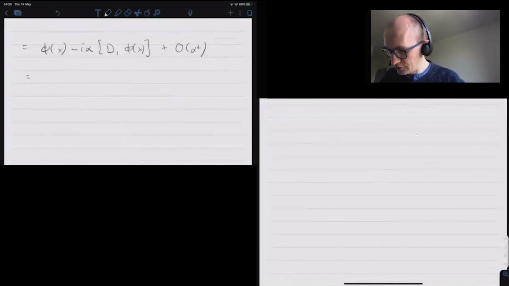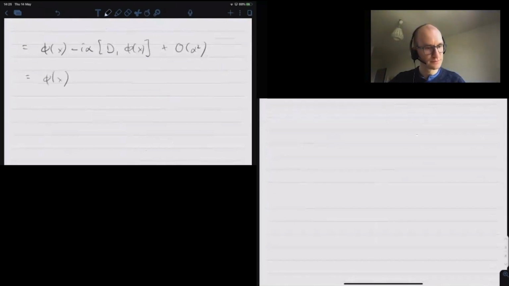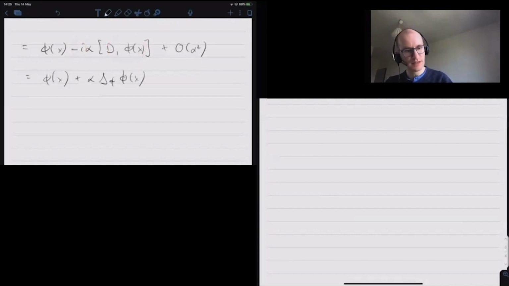Okay, so that is equal to phi of x plus alpha delta phi times phi of x. Why? Because we had minus i, and then this gives plus i delta phi. But then, of course, we also have the alpha x mu d mu phi plus this order alpha squared term.